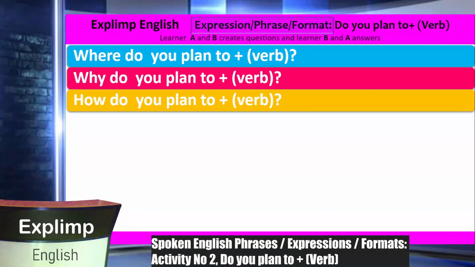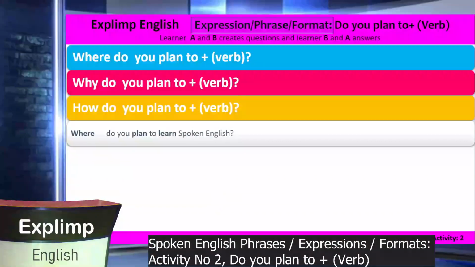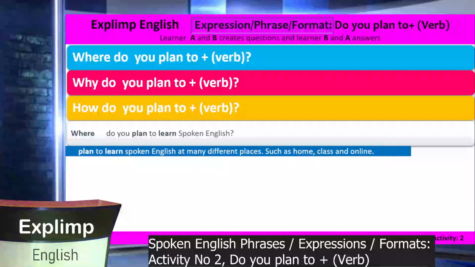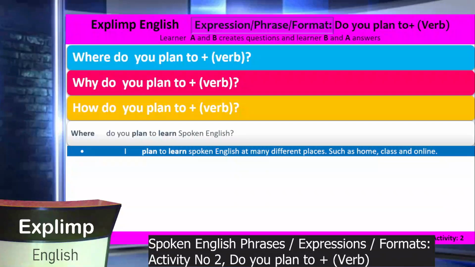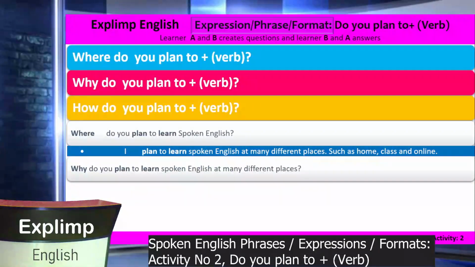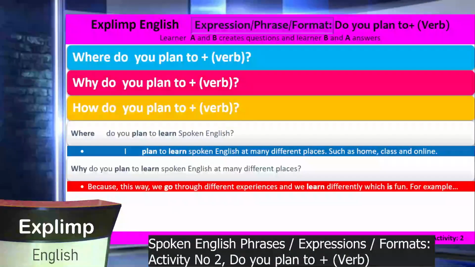So my first question is, where do you plan to learn spoken English? So my answer is, well, I plan to learn spoken English at many different places, such as home, class, and online. Now, your question could be, why do you plan to learn spoken English at many different places? Well, because this way we go through different experiences and we learn differently, which is fun.